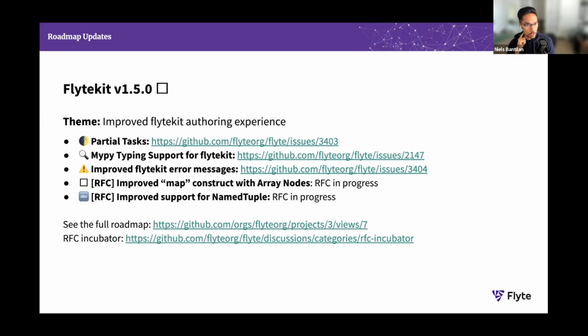This third issue here, we'll also need some community help compiling a list of error messages that are perhaps cryptic or can be improved. So we'll spend maybe a week, maybe more, depending on how quickly these come in from the community. If you go to issue 3404, I'll add a little more description on the issue itself, but we'd like to crowdsource error messages, as I said, that could be improved.